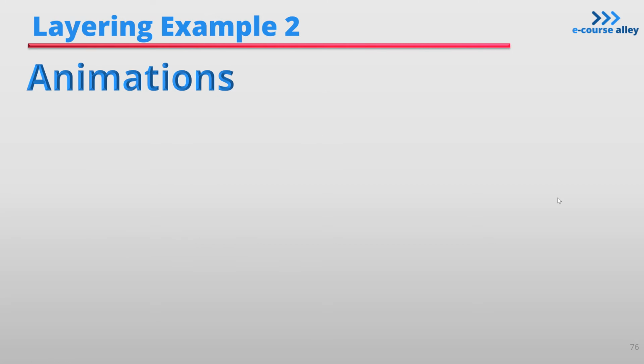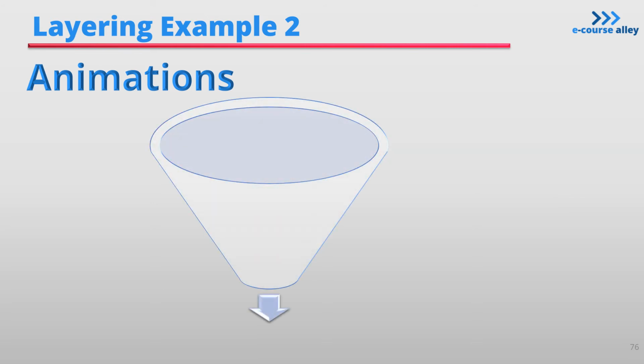So on this screen, I'm going to show you how animations in PowerPoint can spruce up your online course and help with layering and engaging your audience as well. So just watch as I click through the slide. First, this SmartArt graphic appears to show a funnel. Then one by one, using animation effects, I show the 3 items.